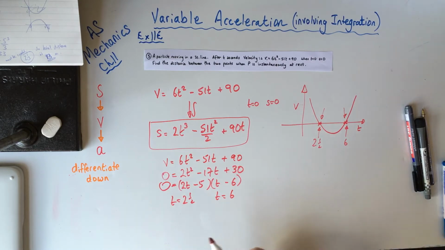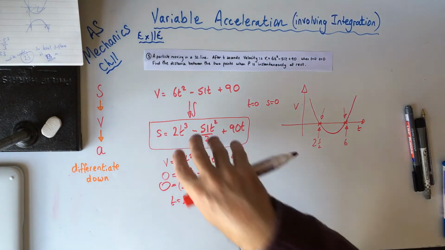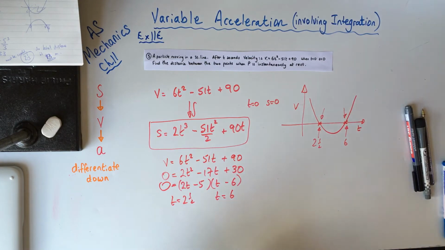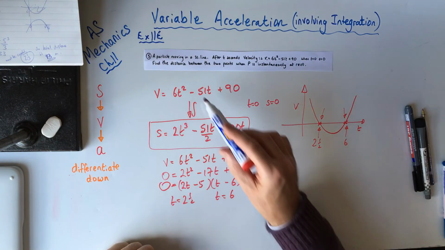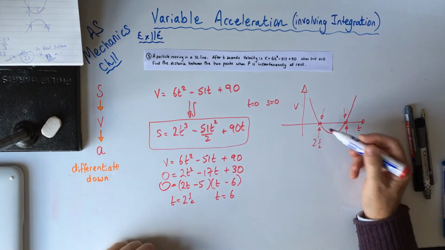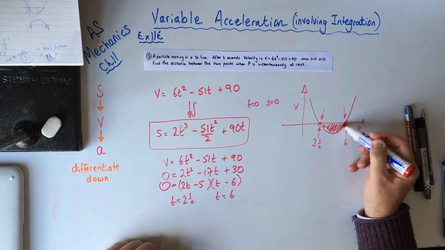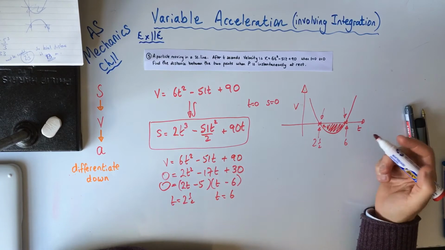Now this is where it's good to think about both situations graphically and algebraically. We can integrate this between the limits of 6 and 2.5. And remember, when we integrate between the two limits, it finds the area trapped by the graph by just pure mathematics, doesn't it?